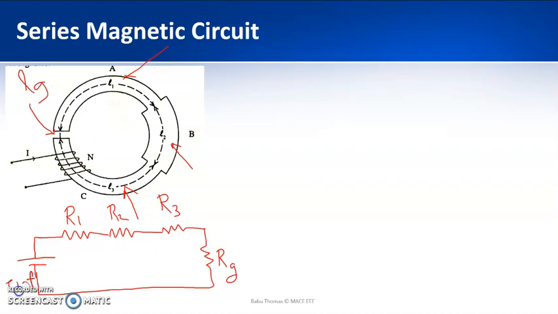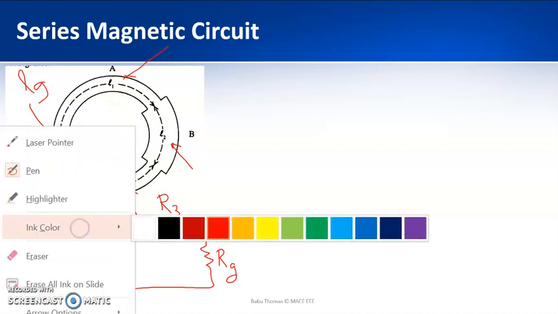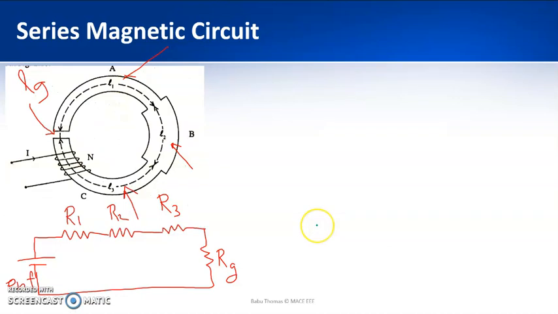Whatever I have marked outside this particular figure are the respective electrical parameters. Inside this I will represent the respective magnetic parameters.